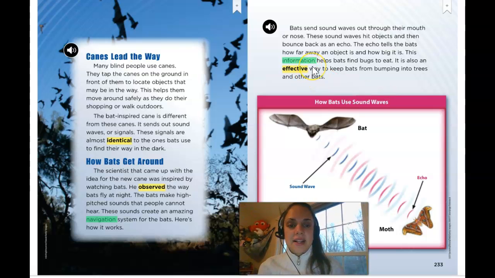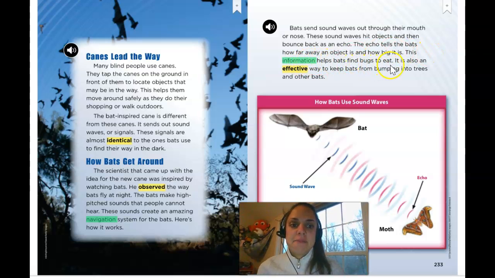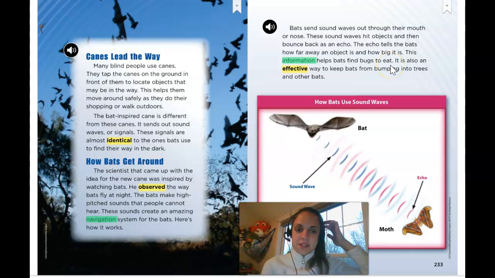And let's look at our next longer word. Can you try and read that on your own? Information. This information helps bats find bugs to eat. So we want to think of the base word of this longer word, information.